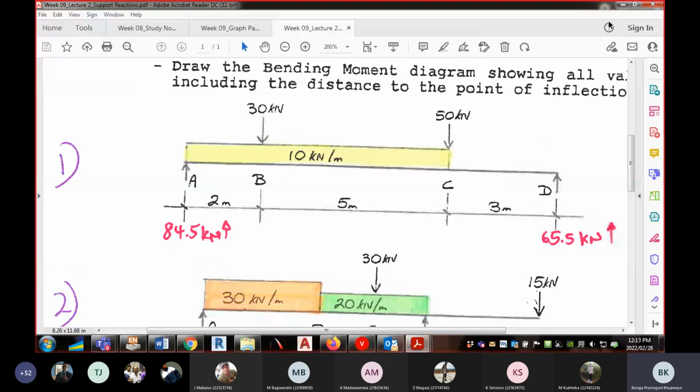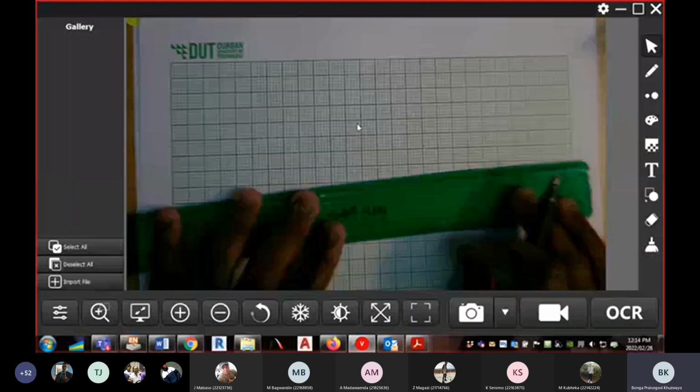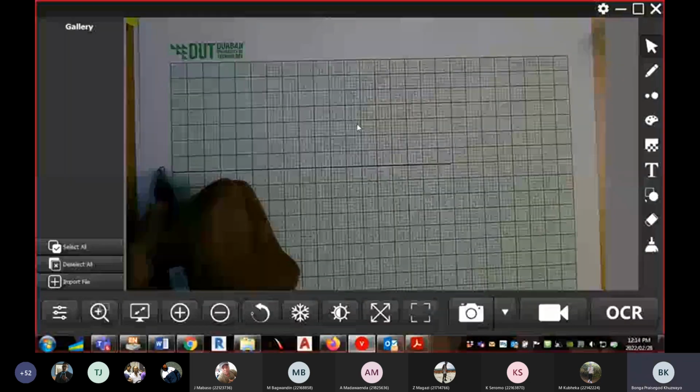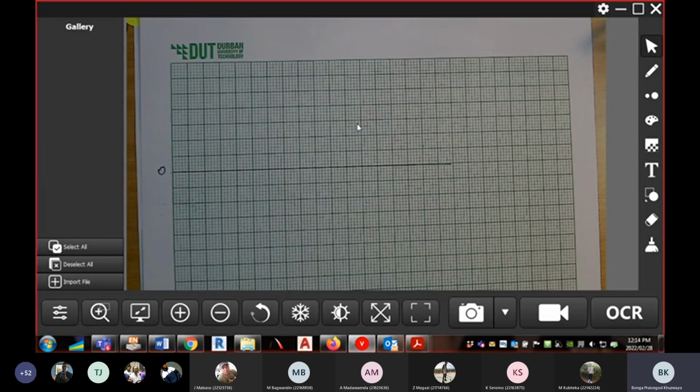So look, you don't want your drawing to be too small. You also don't want the drawing to be too big. So I'm going to adopt this line as a zero line. Okay, so what are we drawing?